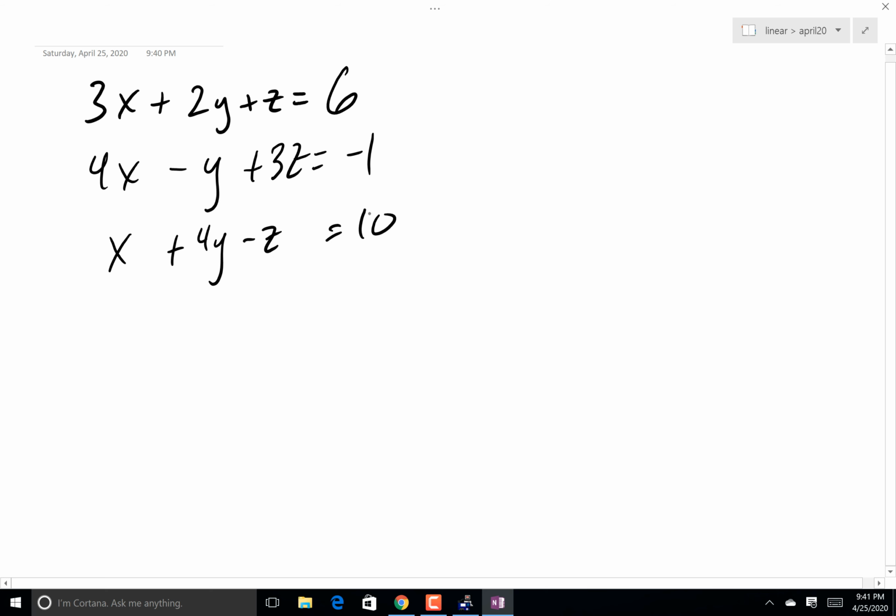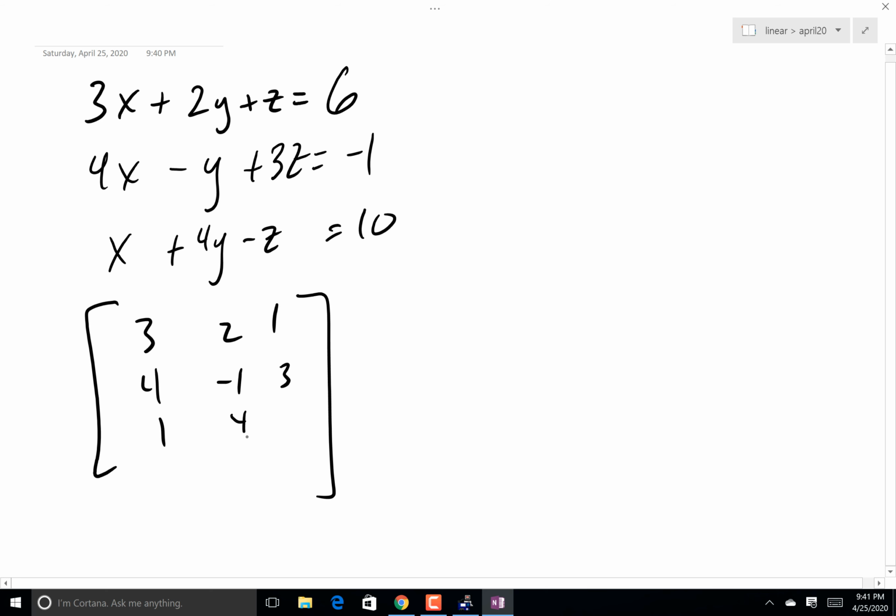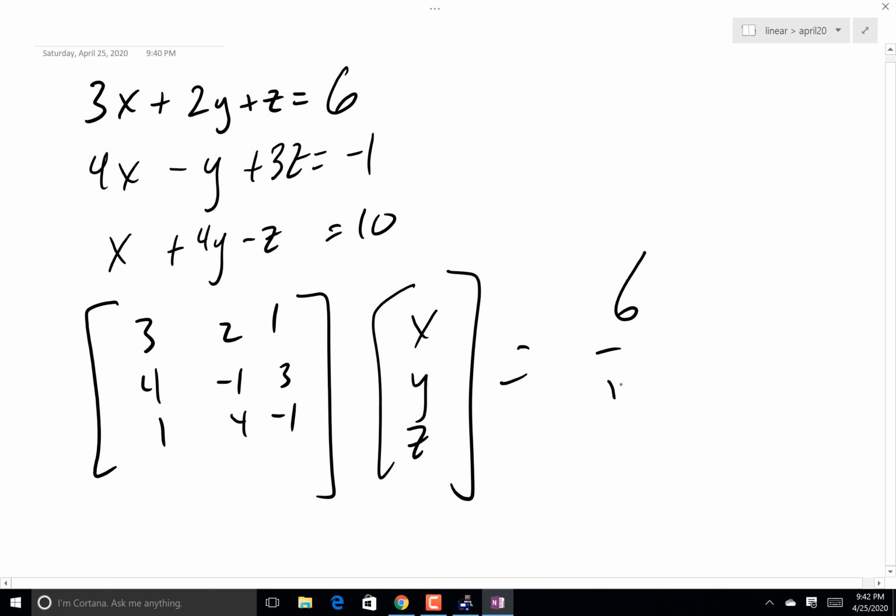Cool. So if I were to solve this, what I'm looking for is this guy here, 3, 2, 1, 4, negative 1, 3, 1, 4, negative 1 times x, y, z equals 6, negative 1, and 10.